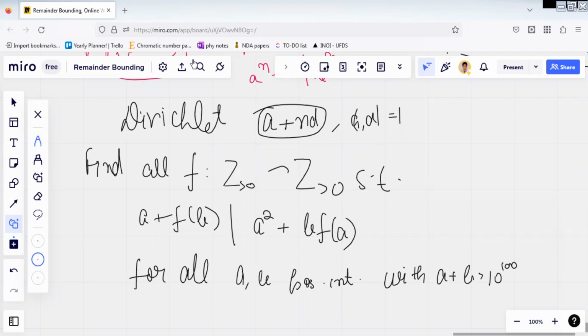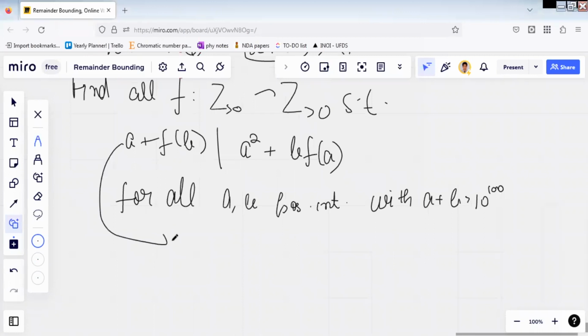Okay, does anyone have any idea? Okay, firstly, what solutions work?